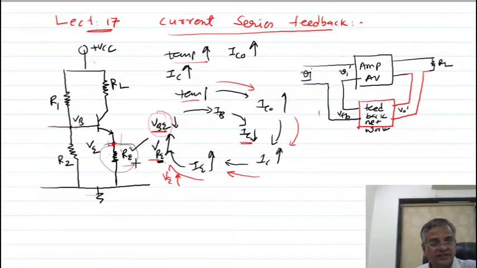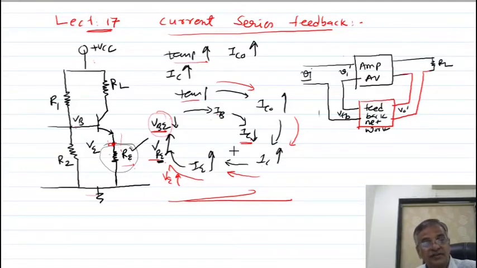Even when temperature increases, the collector current tries to remain constant due to the voltage at this point. So this is called DC feedback. Now let us discuss the AC feedback.